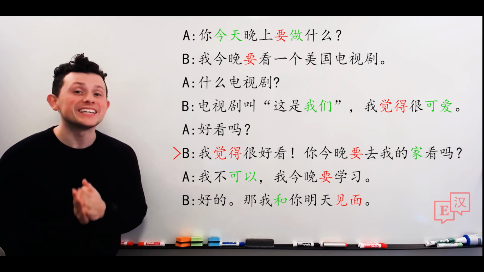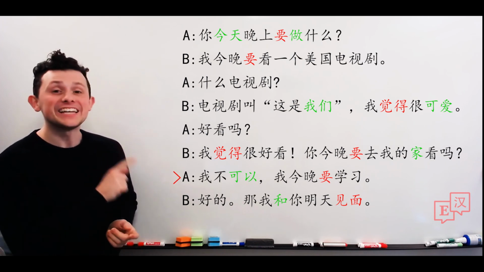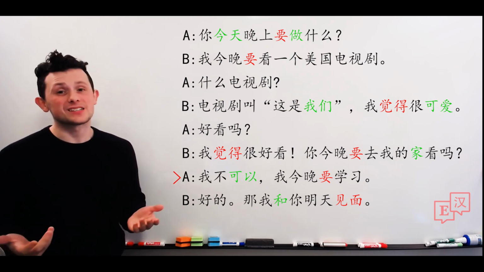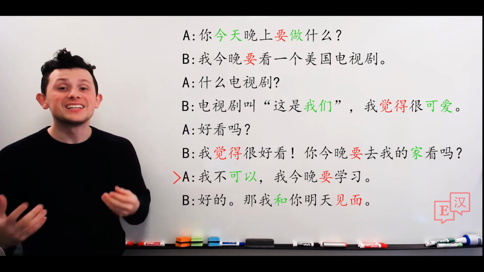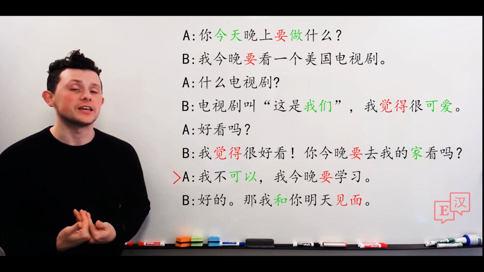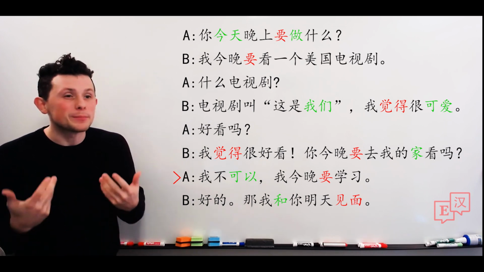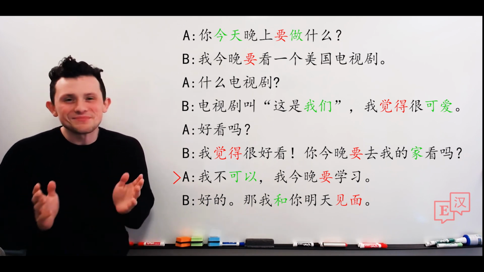你今晚要去我的家看吗？ And here, he's saying no. 不可以, I can't. 我今晚要学习. Tonight, I must study. Or tonight, I should study. So here, clearly I'm upset about it. I'm not saying, oh man, I want to study. That doesn't make sense.